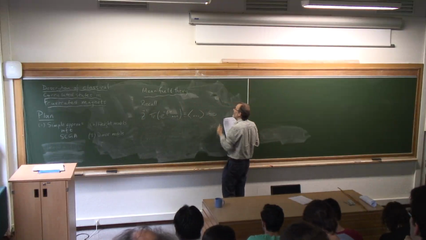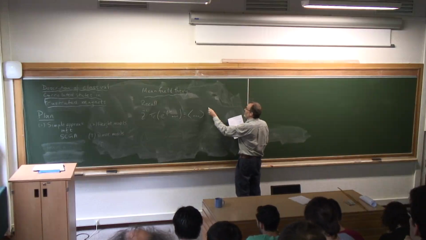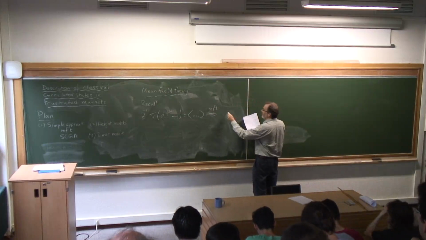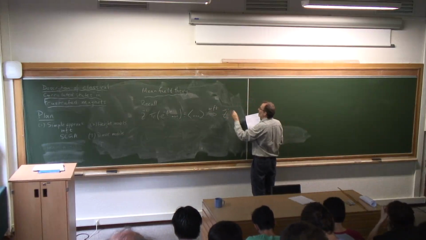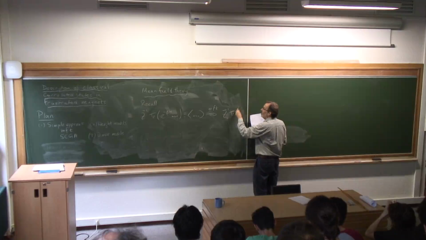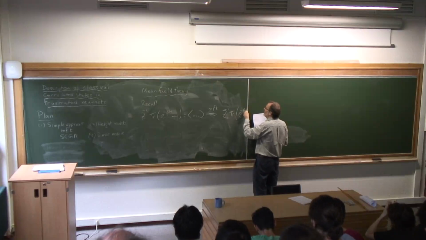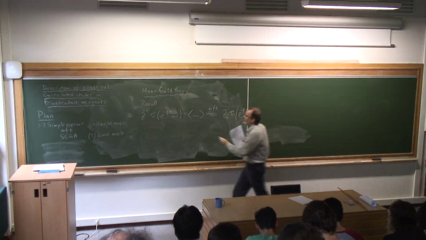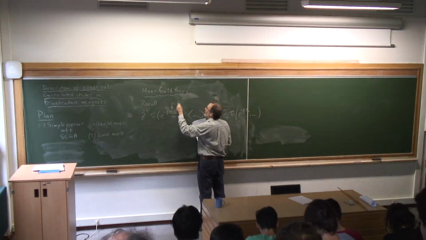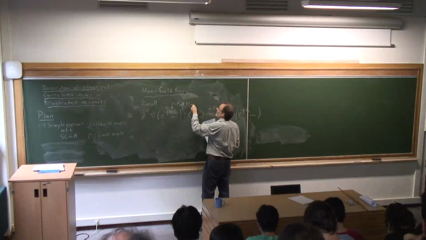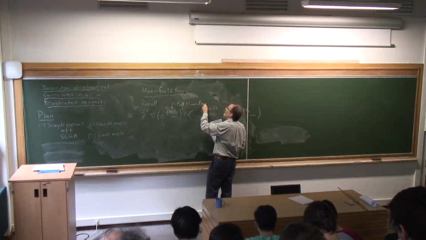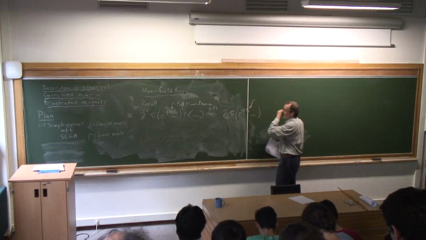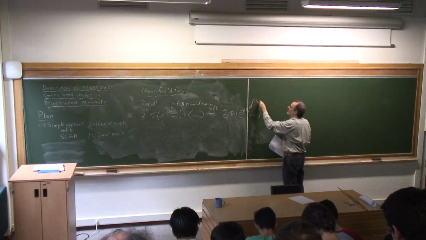Then the mean field approximation is to say that you work out the averages with some simpler Hamiltonian. So this is the full Hamiltonian, and this is something that you can treat, so generally it will be a single particle Hamiltonian.